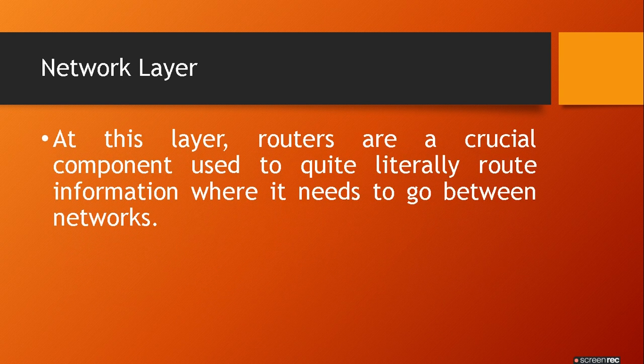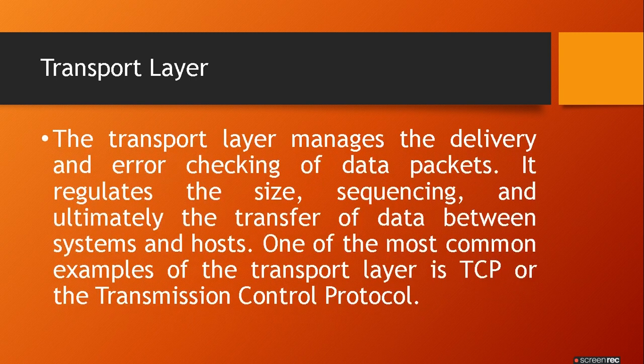At this layer, routers are a crucial component used to quite literally route information where it needs to go between networks. The fourth layer is the transport layer. The transport layer manages the delivery and error checking of data packets. It regulates the size, sequencing, and ultimately the transfer of data between systems and hosts. One of the most common examples of the transport layer is TCP, or the Transmission Control Protocol.